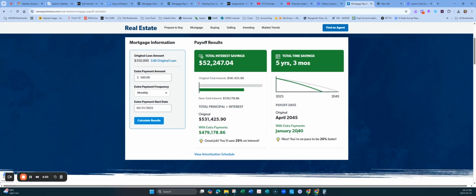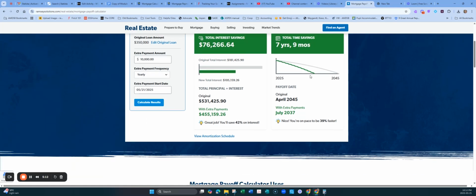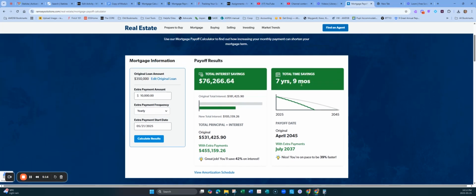And now you're paying it off in 2040, because that's how much interest you're saving. Look, it says you save 29% in interest. And maybe you're saying, well, okay, maybe once a year I'll save up like $10,000 extra and just slap it on the house payment. Dun, dun, dun. Almost 8 years of savings.